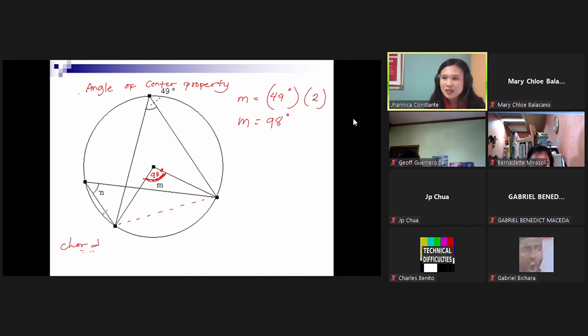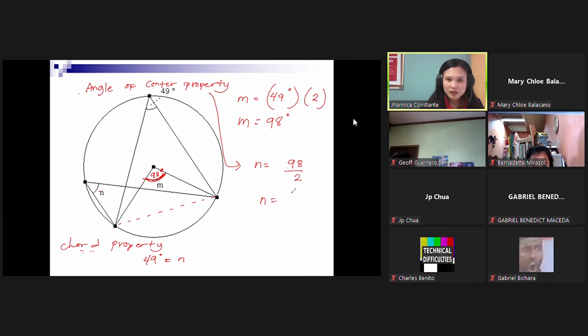You will have the same answer with either of the two properties. Using the chord property, it's easy: 49 is equal to N degrees, or 49 degrees is equal to N. If you use the angle property to find N, you divide your central angle by 2.